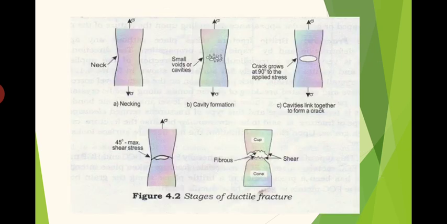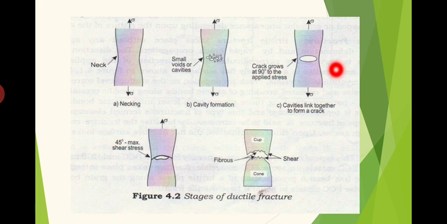See, in the cavity formation, we have seen small cavities or cracks are formed because of the applied force and deformation within that material in the neck region. These cavities coalesce, and a larger crack is formed. The crack grows at 90 degrees to the applied surface. So initially, because of that coalescence, the cracks form a bigger crack, and it will move in the perpendicular direction, as in the case of brittle fracture.